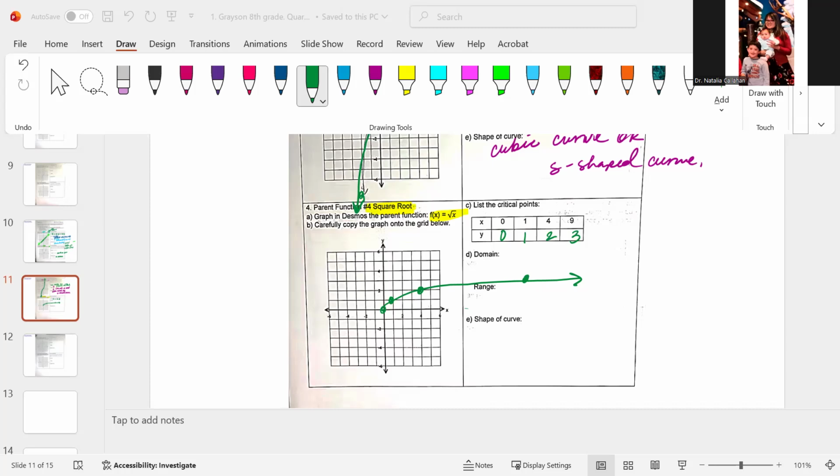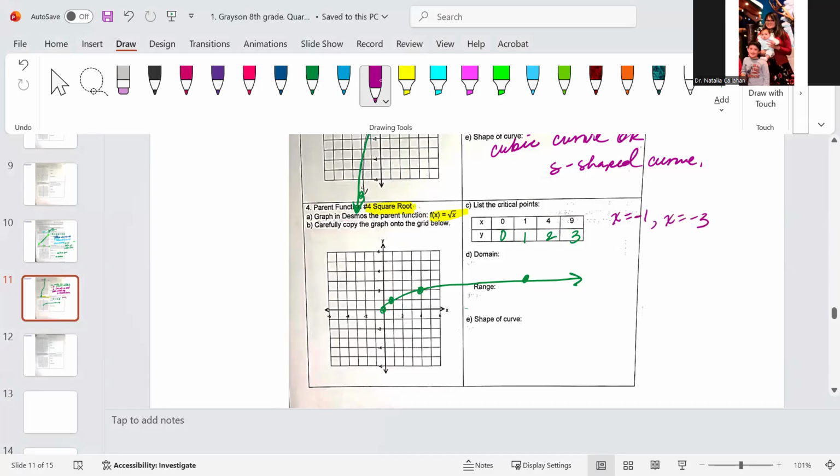You need to have like an infinity, negative infinity. This is the domain. It's starting at 0, correct? But what if it's x equals negative 1 or x equals negative 3? If you plug it in here, f of negative 1, can you have a negative in a square root? So this is going to be no solution, okay?